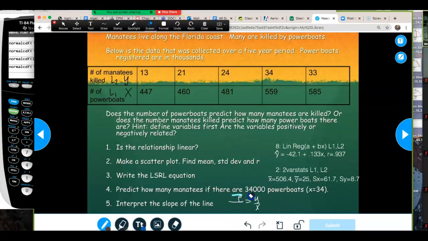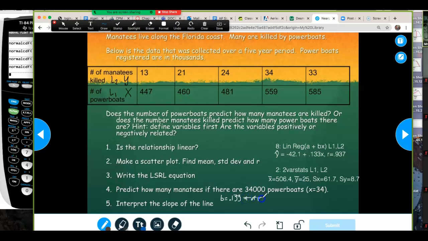So whenever you interpret the line, we're thinking predicted value. So I got the slope of the line is, I always write it out in terms of the numbers, 0.133 y, which is number of manatees killed. I'm not going to write the whole thing.